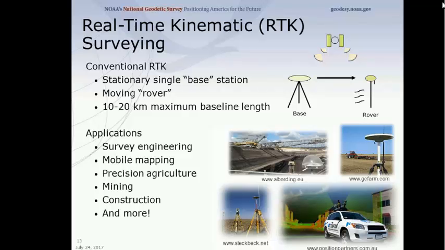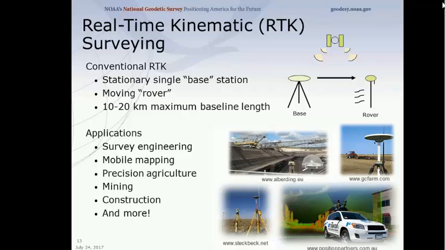Okay, so RTK surveying has been around for a long time, and I probably don't need to spend a lot of time talking about this to this audience because I think most likely everyone on the call has executed an RTK survey. But the conventional mode is you set up a receiver over some known coordinates, and we call that your base station. Then you have another receiver, your rover, you're moving around throughout the day taking measurements.